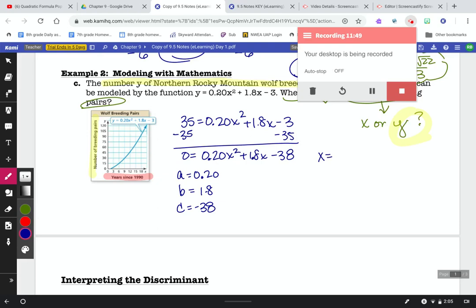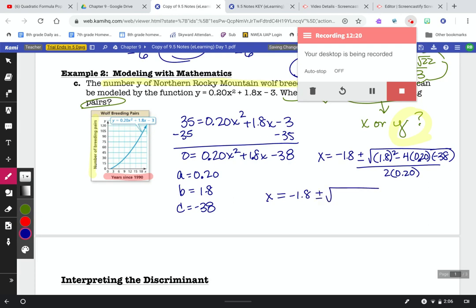So x is equal to the opposite of b, so negative 1 and 8/10, plus or minus the square root of b squared, so 1 and 8/10 squared, minus 4AC, so 4 times 20 hundredths times C of negative 38, all over 2A, which is 2 times 20 hundredths. Okay, so we have x is equal to the opposite of 1 and 8 tenths plus or minus the square root.